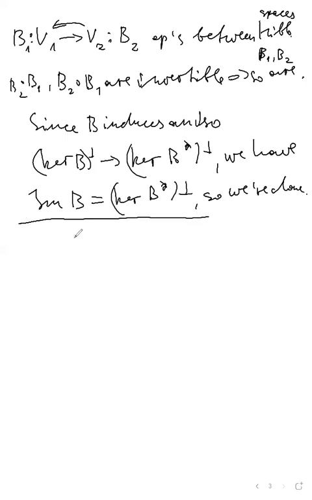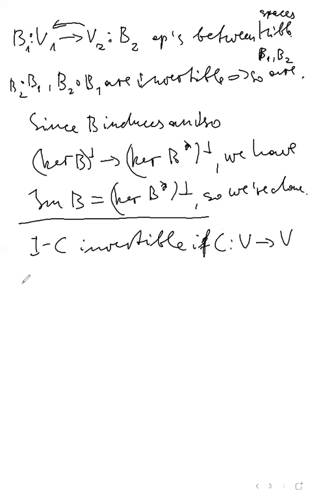Vladimir, how do we prove that the identity minus a compact operator is invertible where V is a Hilbert space?